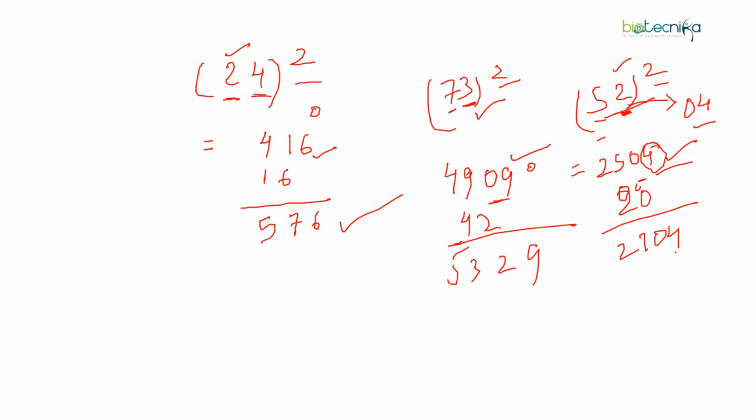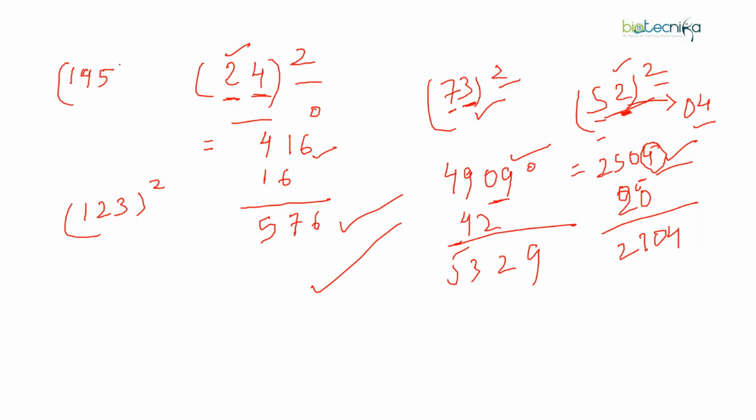सो इजीली इस ट्रिक से हम फाइंड आउट कर सकते हैं कि कोई भी 2 डिजिट का स्क्वायर क्या होता है. ओके, अंडरस्टूड गाइस. नाउ इसी में व्हाट इफ वी आर गेटिंग अ 3 डिजिट नंबर, 3 डिजिट नंबर का स्क्वायर क्या होता है. सो इन दैट केस, लेट्स टेक अ स्मॉल नंबर. ओके, सो सपोज वी हैव, let's say 195.